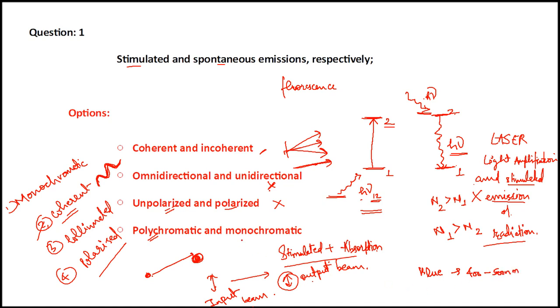But if you see a laser of blue light, that will be exactly either 400 or 420 nanometers. That will be exactly the same. Okay, so if you're talking about a 400 nanometer laser, it will be exactly 400. It will not contain a mixture of 400 to 500 or 600. Okay. On the other hand, the spontaneous emission is polychromatic. It has a mixture of wavelengths.